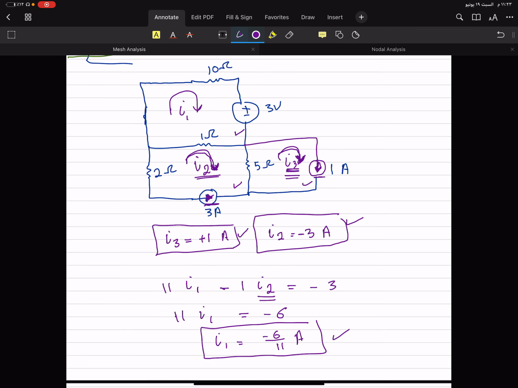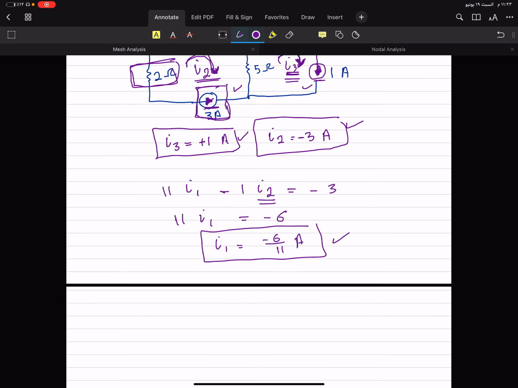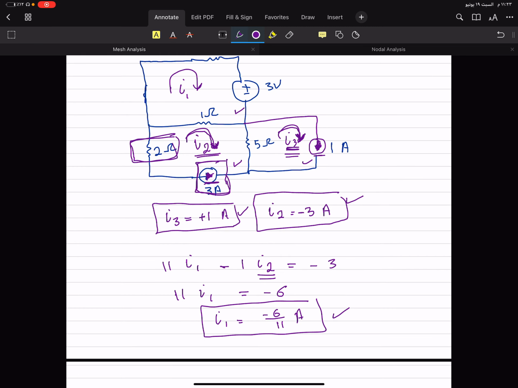The currents will be in series, but the voltage sources will be parallel. If the voltage source is parallel to something, it will have the same voltage. If the current source is in series with something, the current passing through this something will be the same. So this resistance is in series with this current source, so this resistance has the same current as this current source. Okay, so it's very easy. You solved three mesh currents without the need of a matrix solving system.